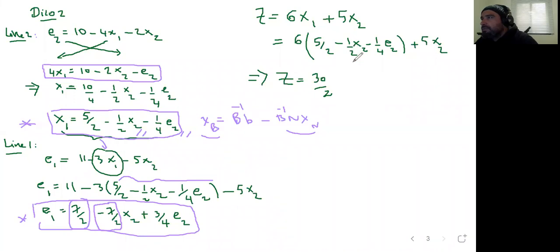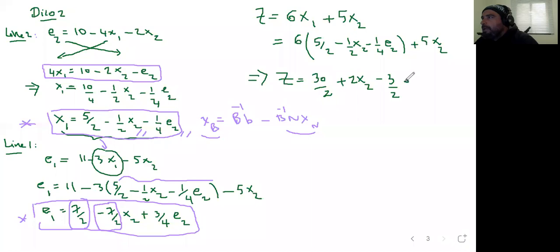Minus 3 plus 5, which is plus 2. Plus 2x2. And what else? Minus 3 over 2 E2, or minus 6 over 4.